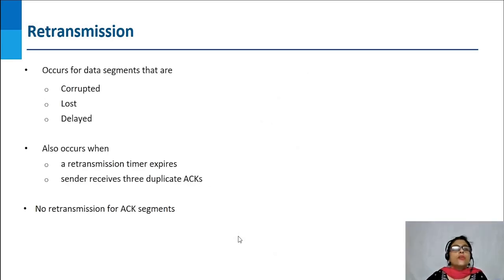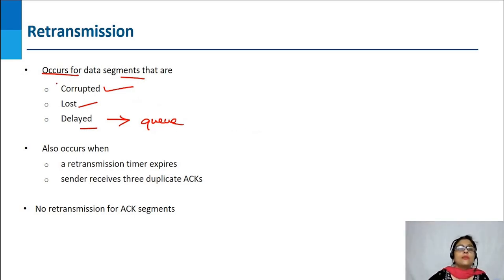Retransmission. Retransmission basically occurs for data segments that are either corrupted during transmission, or they may be lost during transmission, or they may be delayed. When they are delayed, a queue is formed at the receiving end, and it is only when the queue gets cleared that the data segment is received by the receiver.